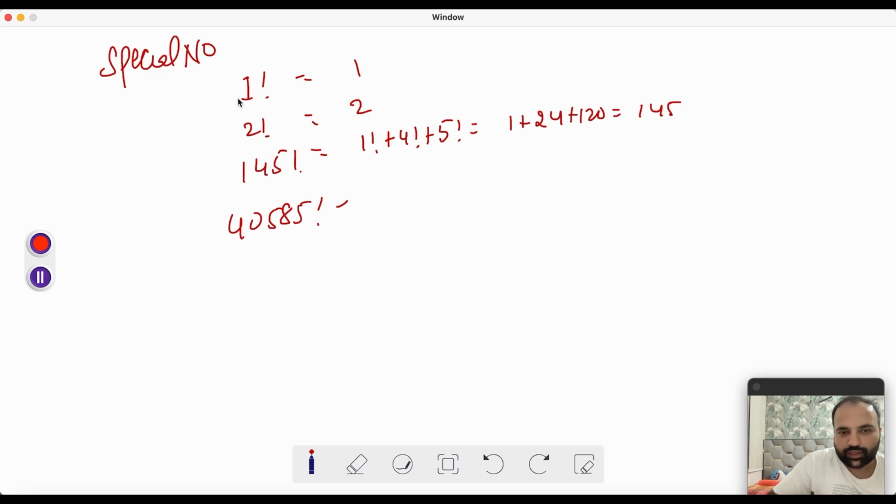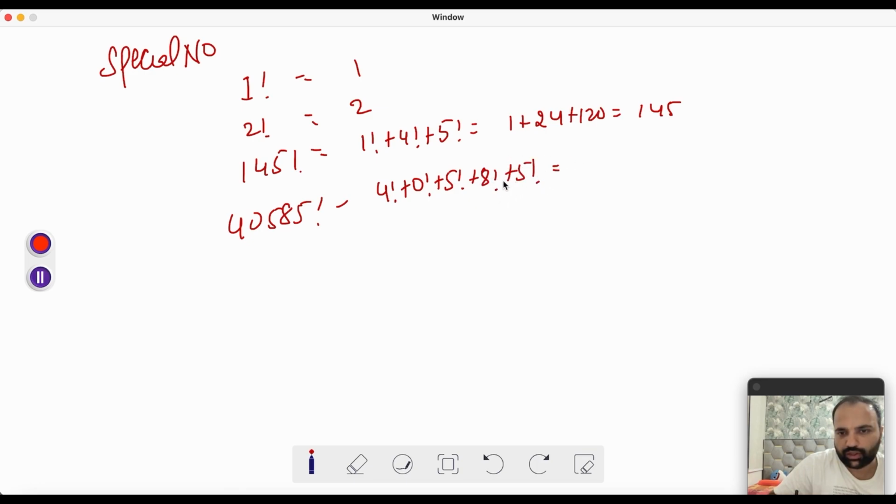So there are only 4 numbers in entire Factorial wherein the number itself can be written in form of summation of factorial of its digits. Over here, 4 factorial plus 0 factorial plus 5 factorial plus 8 factorial plus 5 factorial.